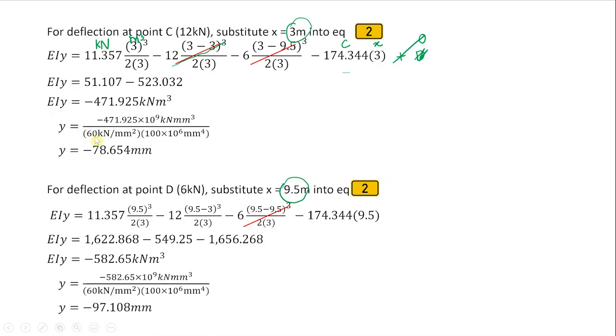So that's why kat bawah ni nampak 60 kN per millimeter square ni adalah the value of modulus of elasticity. And 100 times 10 power of 6 is the value of IXX. Replacekan dia. Okay, so for modulus of elasticity, you see the units is kilonewton per millimeter square. Ini dah given dalam question.